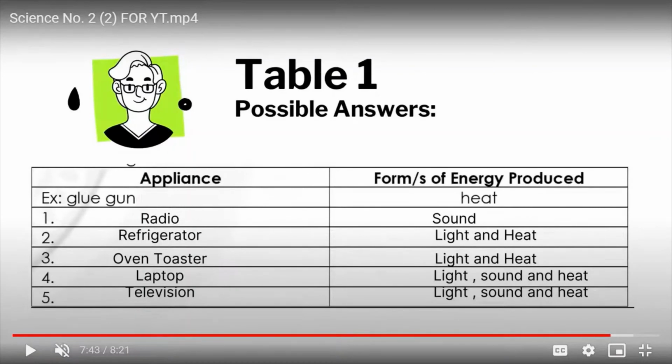An oven toaster produces light and heat energy, while laptop produces light, sound, and heat energy. And lastly, a television, it may produce light, sound, and heat energy. Did you get it right? Did you list 5 appliances as well as the energy being produced? If you did so, then congratulations.